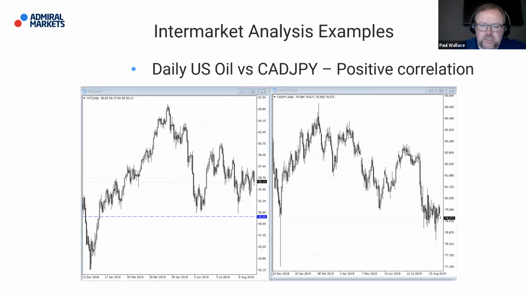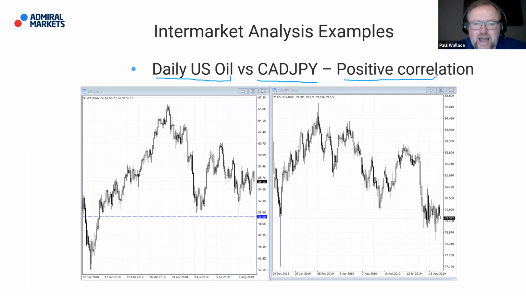And here's another interesting correlation for you. In this particular example, this is the daily US oil, West Texas, versus the CAD Japanese yen, and there's a real positive correlation beneath that. Hopefully I'll explain why that should be. We know that West Texas sets the benchmark, along with Brent, for the price of oil around the world.